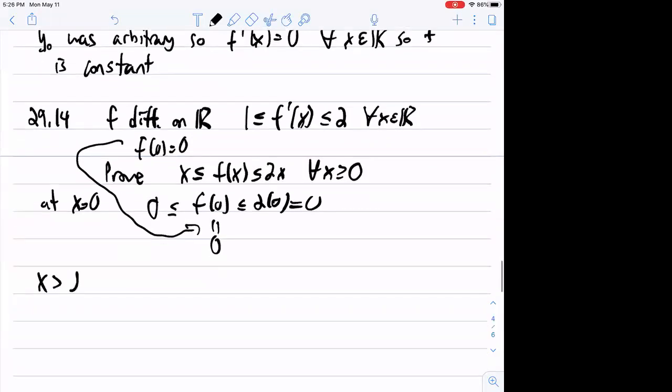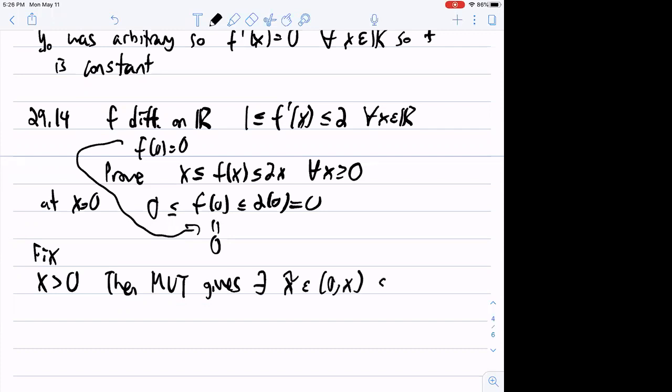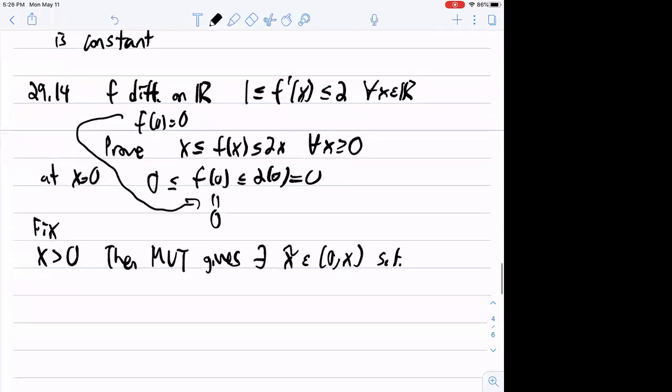So let's consider x bigger than 0, right? Fix any x bigger than 0. Then since we're differentiable, MVT gives there exists x tilde in (0, x) such that (f(x) - f(0)) over (x - 0) is f prime at x tilde, right?